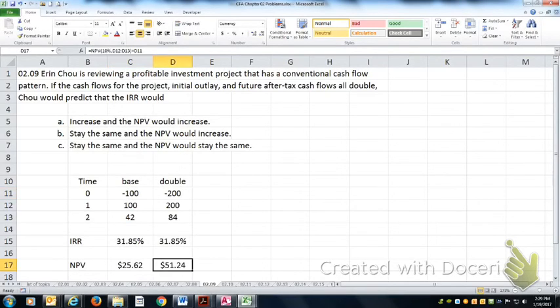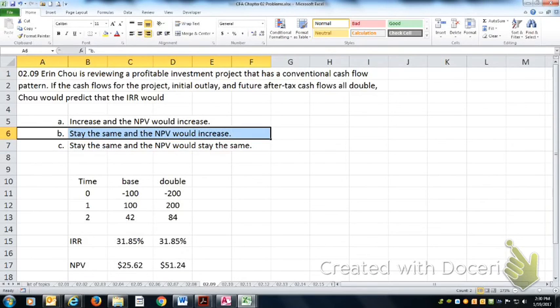If you did it twice, it'd be $25.62 twice. So anyway, IRR doesn't change when these numbers double, but the NPV would. So the answer would be the IRR would stay the same, but the NPV would actually increase.